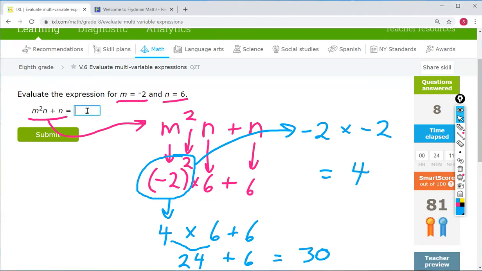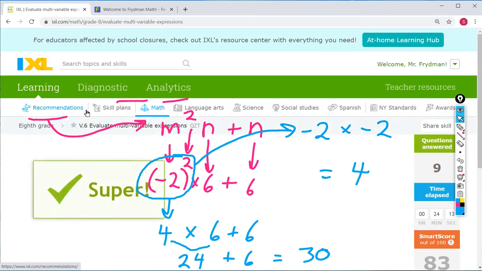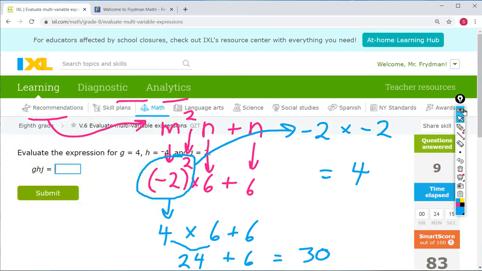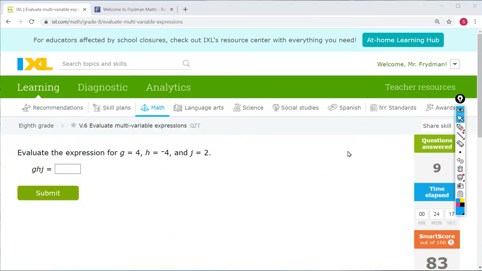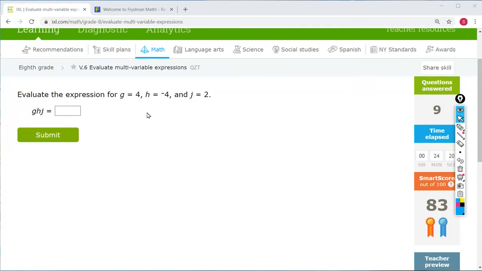Okay, so let's put that in. For this one, you would just multiply all of these things together.